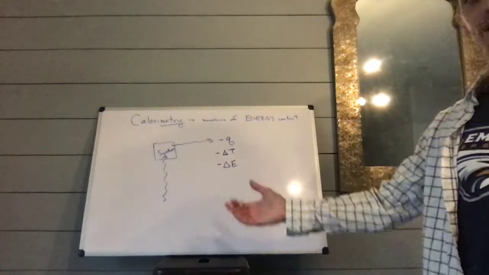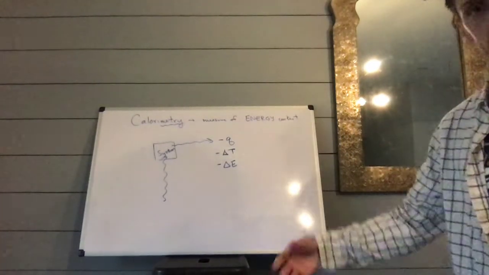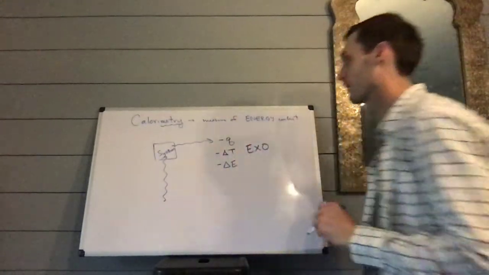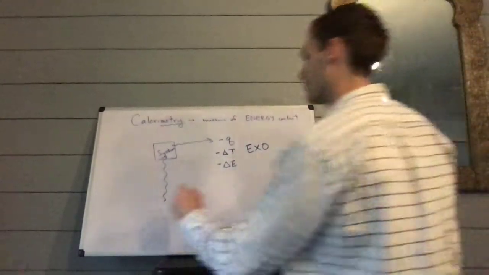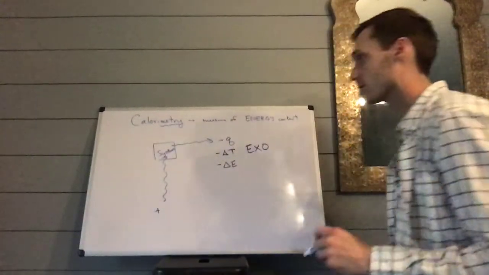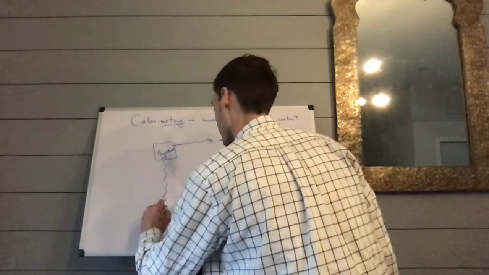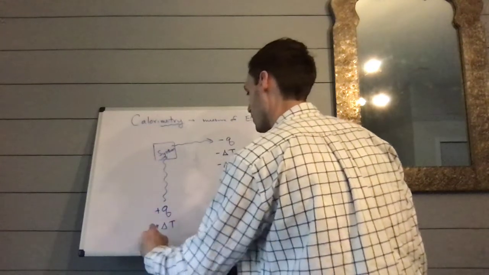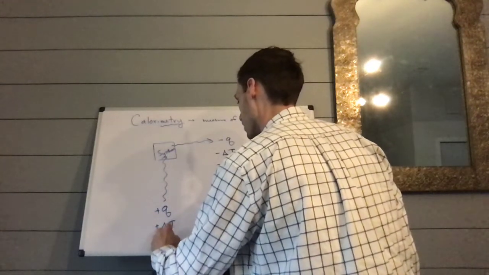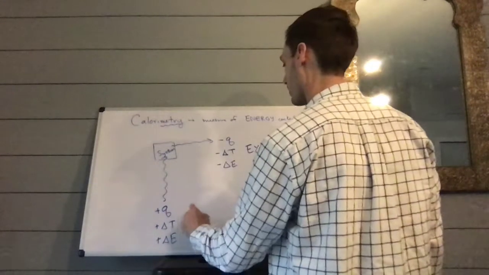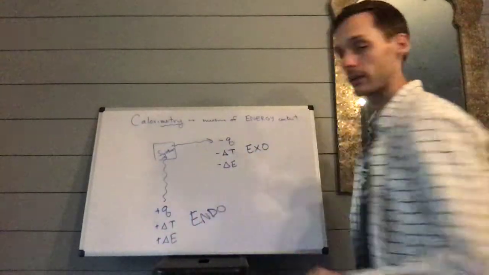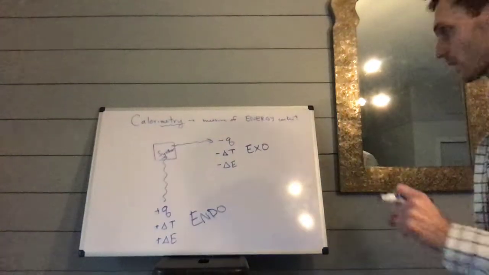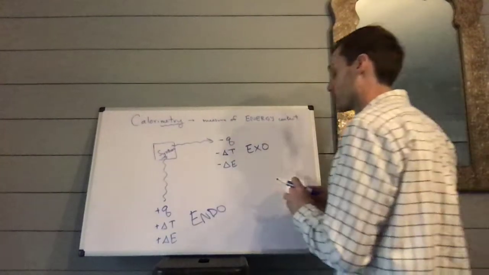Energy is leaving the system. The temperature of that system is decreasing. That is exothermic. The other one is endothermic, where energy or heat is going into the system. That would be a positive Q, a positive change in temperature, and a positive change in overall energy. We call that endothermic. Hopefully you remember that, because it's very crucial for calorimetry.